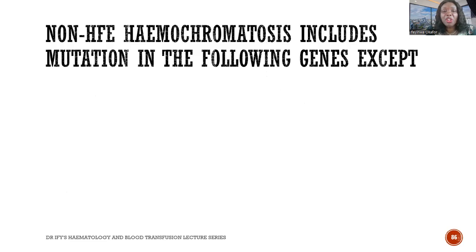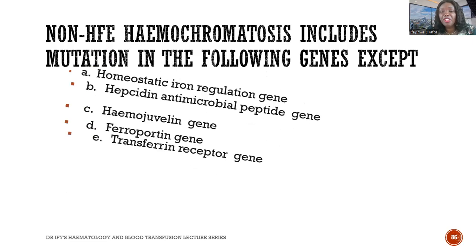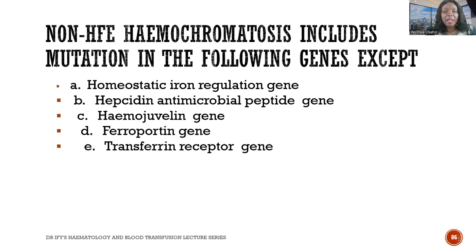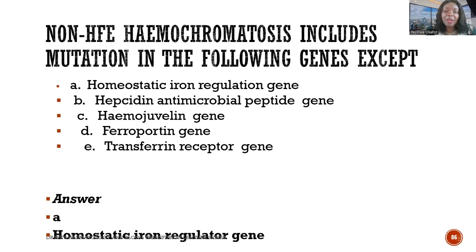Non-HFE hemochromatosis includes mutation in the following genes except: A, hemostatic iron regulation gene, B, hepcidin antimicrobial peptide gene, C, hemojuvelin gene, D, ferroportin gene, E, transferrin receptor gene. Answer A, hemostatic iron regulation gene.